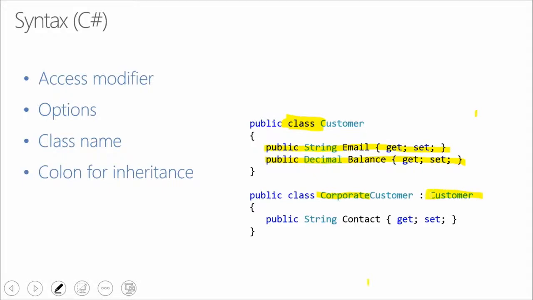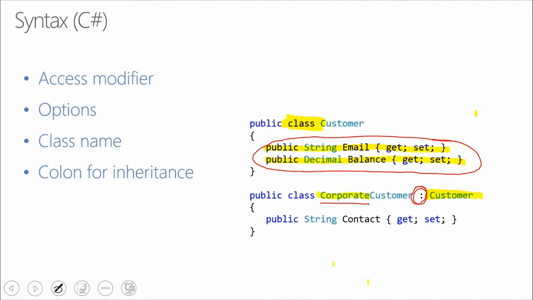If we come back down to our slide, I inherit from customer, and the syntax for doing that is by utilizing a colon. Now my corporate customer will automatically get both the email as well as the balance from customer. That is our little inheritance in action.